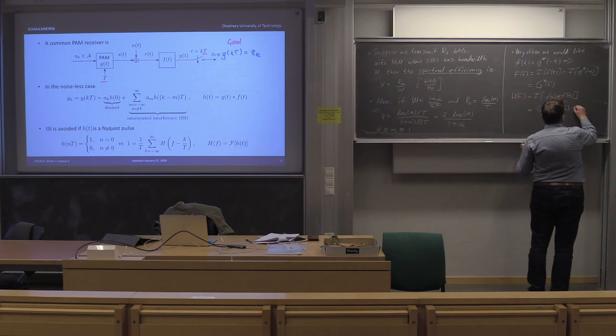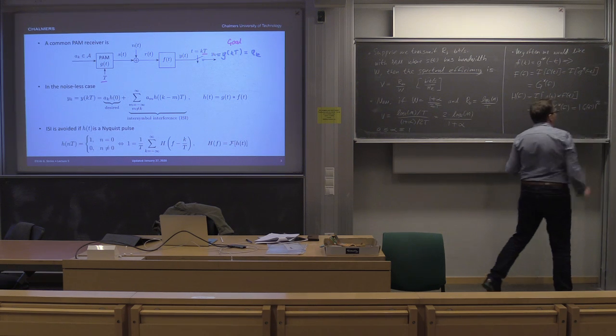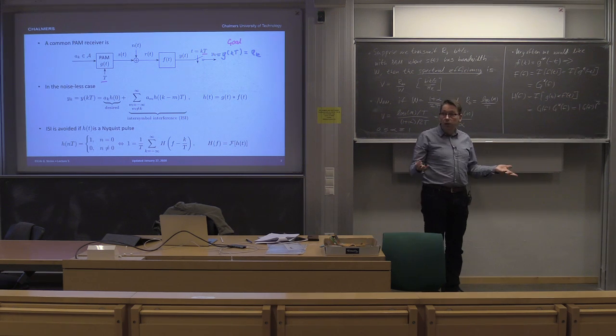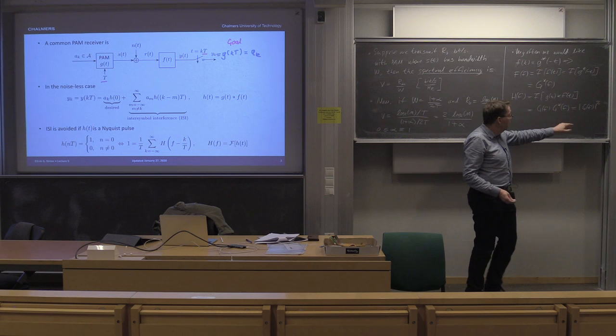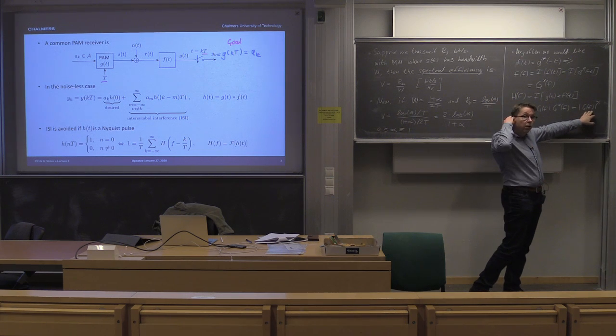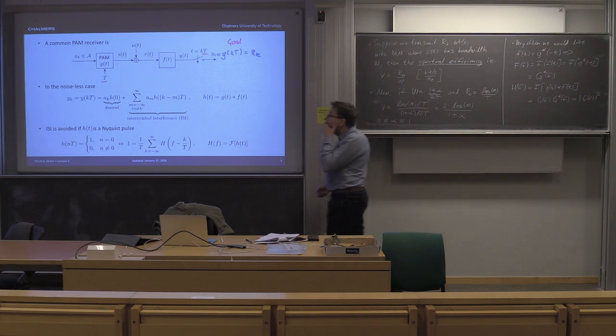Exactly. So this would be then the absolute value of G of f squared. So it's a real valued function. Okay. So this is complex, but when we multiply them together, only the real part remains, all the imaginary parts disappear. Okay. So great. So now we have come to that conclusion here.